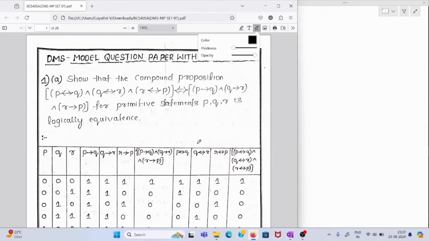Now let us discuss the subject Discrete Mathematical Structures, and we are concentrating on model question papers and their solutions. Let us look into the first problem.